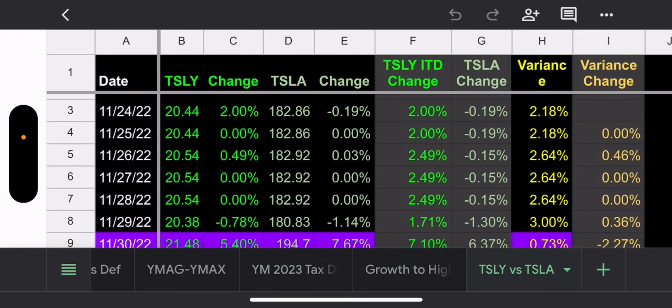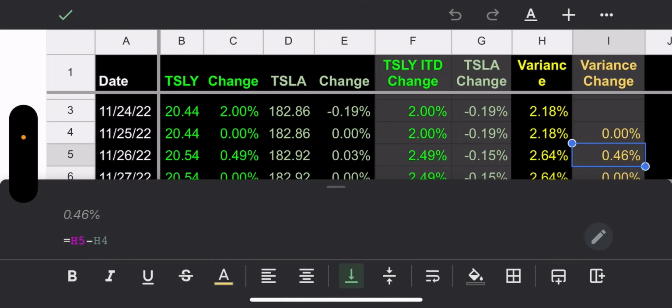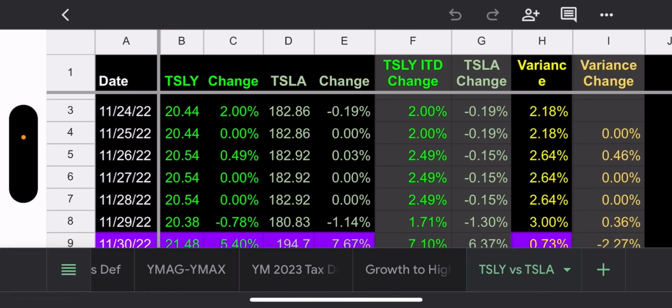So if we see a positive here, what is it, H5 minus H4, right? So if it goes up and it's positive, that's in Tesley's favor. If it's negative, that's in Tesla's favor. Okay, hopefully that made sense.